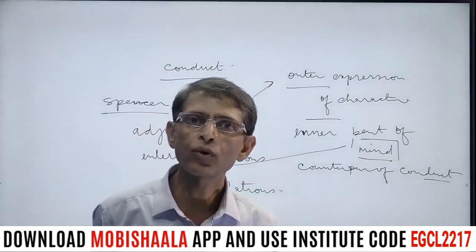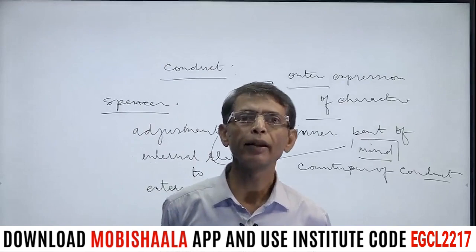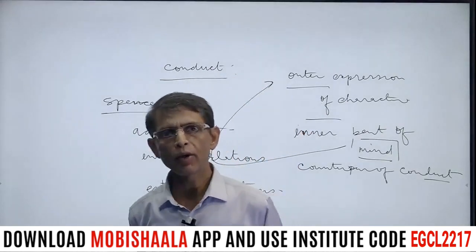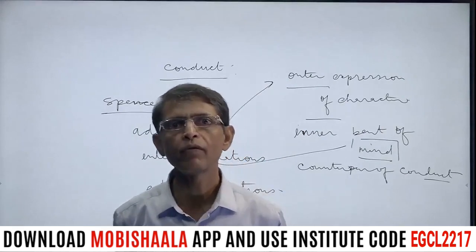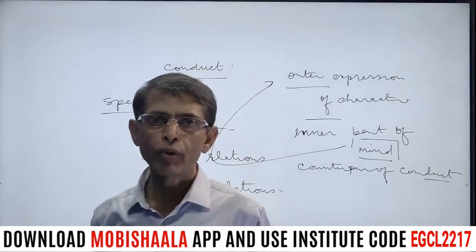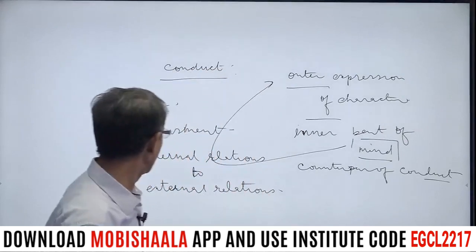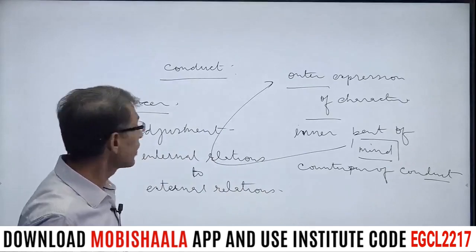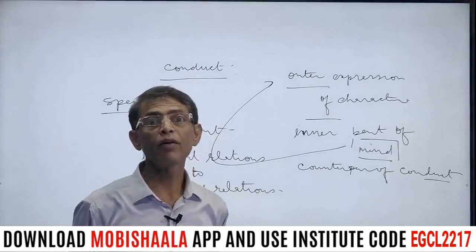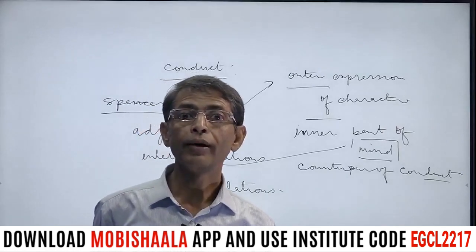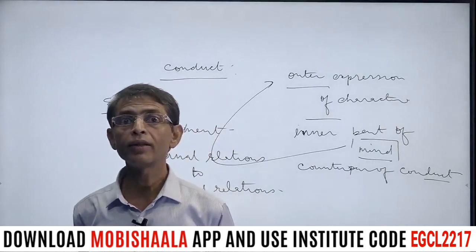But this is also not a complete explanation, just like Bentham, who described the motive alone. Similarly, Herbert Spencer's viewpoint is also not correct. It is erroneous, it is fallacious. Because conduct is not only the adjustment of internal relations to external relations. Conduct has a choice, a decision.